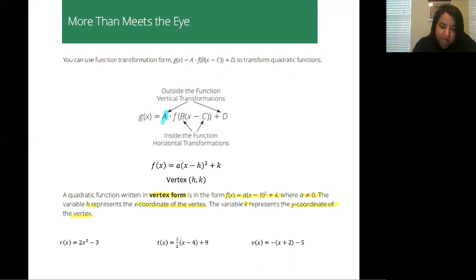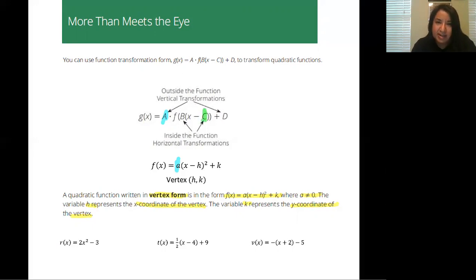That is a lot like the a being multiplied here times x minus h squared. So again, in vertex form, if you think about transforming the basic function f of x equals x squared and there's an a value, that would also create vertical dilations or a reflection across the x-axis if a was a negative value.